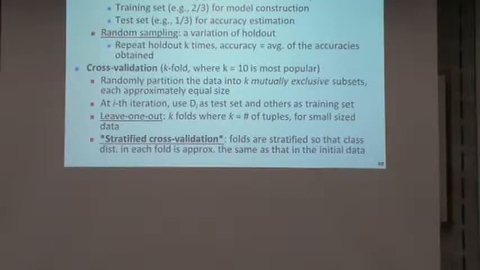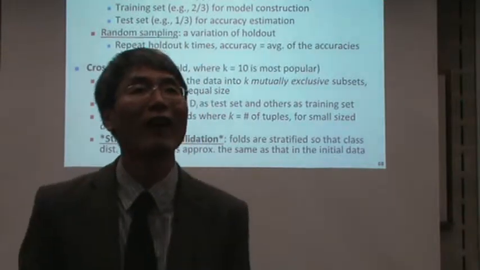Stratified cross validation is the most popular one. That means when we divide the data, it tries to make the distribution as the same as possible as the original data, which is not easy. For example, the overall entire data set has average 5. But this one has average 7, this one average 3, it's a 6, not 5, but the average is 5.